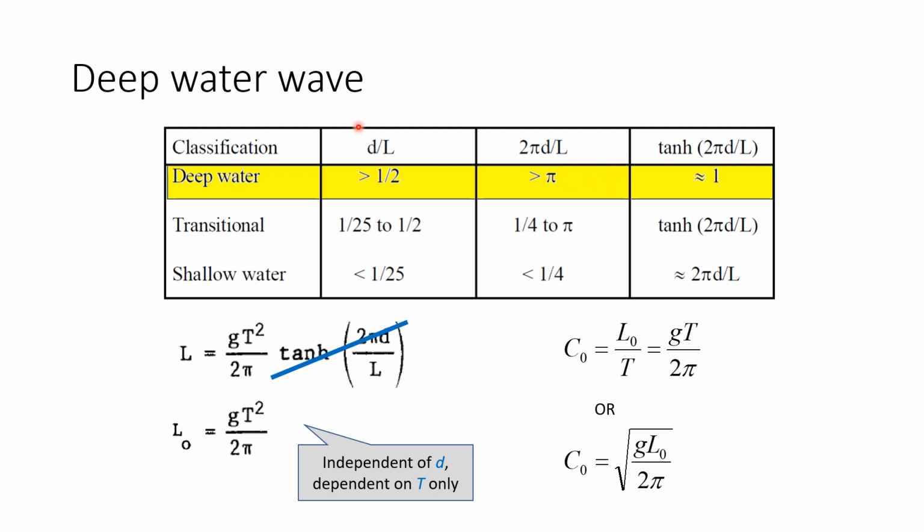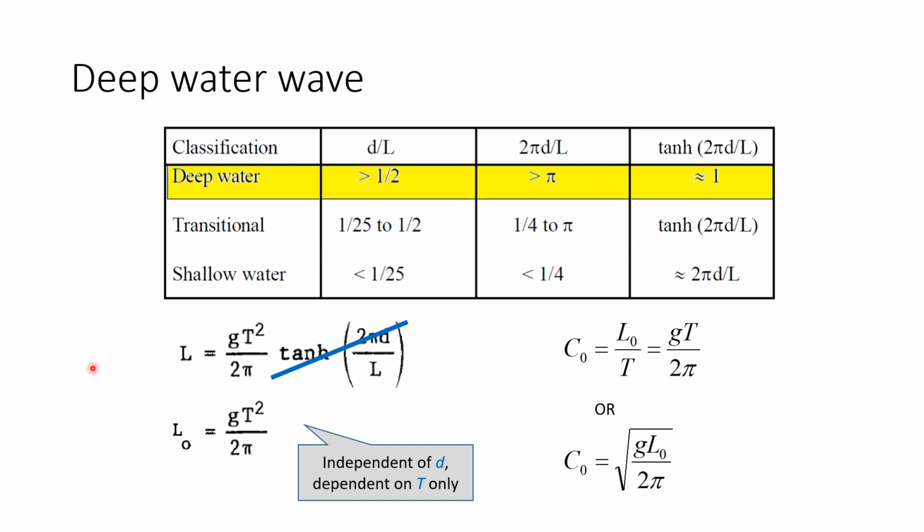For shallow water, if DOL is less than 1/25, 2 pi DOL will be less than 1/4, such that tanh of 2 pi DOL will be approximately the same as 2 pi DOL. Which means that for deep water, we can make a simplification for the expression tanh of 2 pi DOL. For shallow water, we can also make a simplification for this expression, but we won't be able to do the same for transitional water.